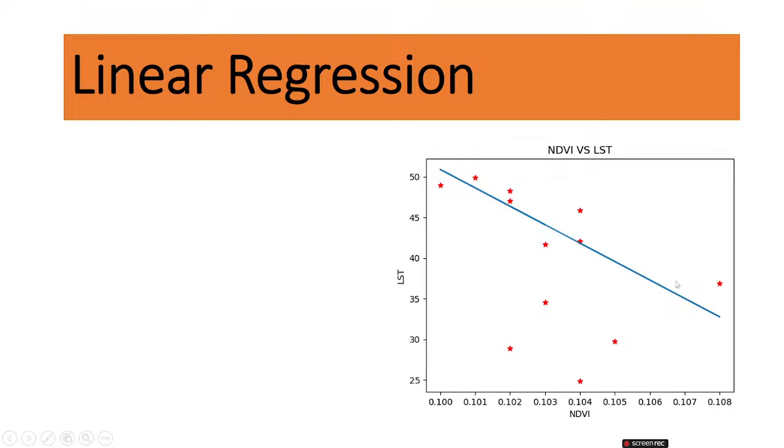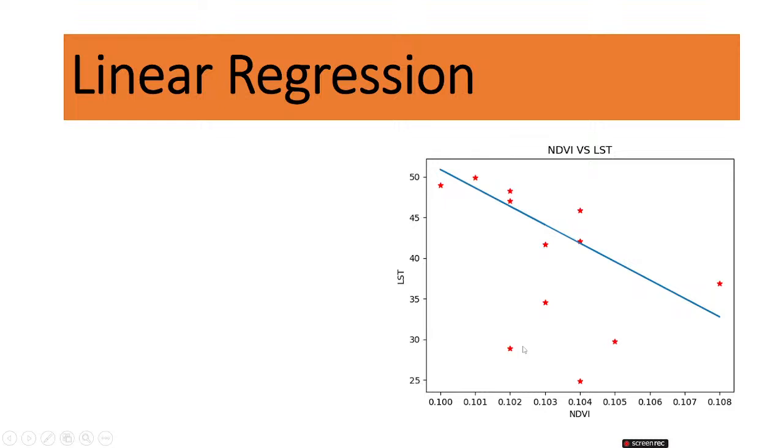We can create this best fit line using linear regression, and then we can easily use it to predict the future or other values. Suppose here I have the data for 0.1 NDVI. I can get this value, almost 30 degrees Celsius.